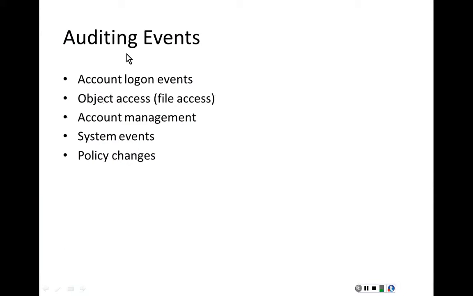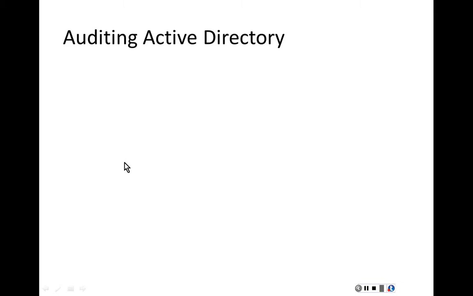So when we audit events, we can audit when people log on, when they log off, when people access files. We can audit account management. And of course, we can also audit system events, such as drivers being loaded or services starting or services not starting. And of course, we can also audit group policy object changes.